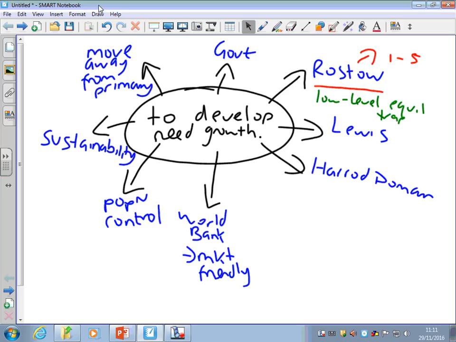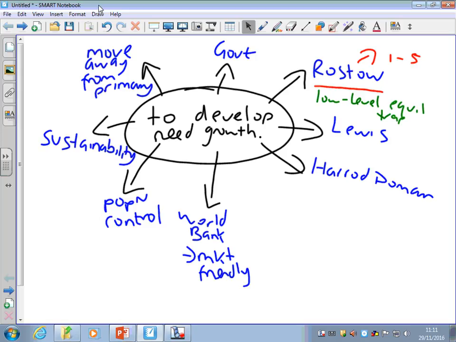To escape it, you've got to boost your productivity through more capital, which can allow you to farm your land more productively, maybe save more money, which can be used to reinvest. This could lead to new industries being created, which can create more manufacturing jobs. And that will encourage more people to move away from poor rural countryside areas towards big cities, earn more money, and before you know it, you become like a country like Great Britain.